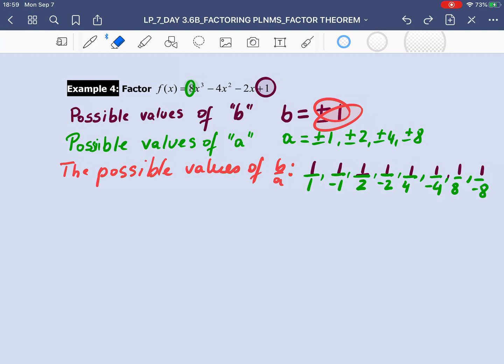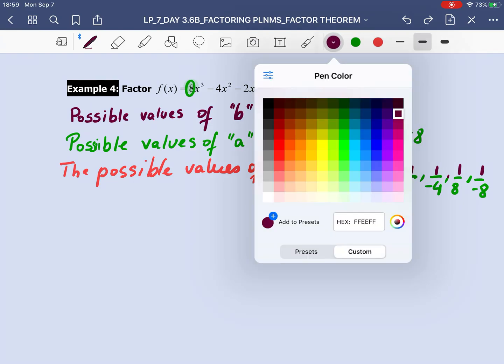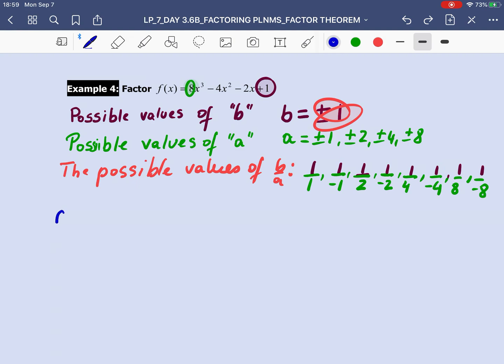Now, the next thing you want to do is test each and every value. I'm going to start by testing the first number. So the value of the function at 1, that's the 1 over 1 here.